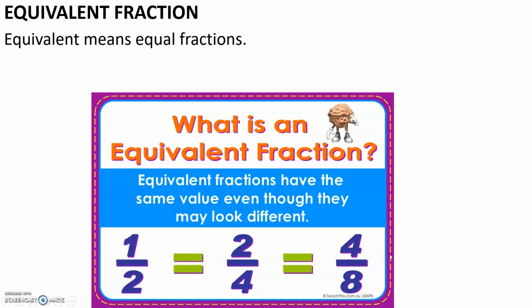Even this 4 upon 8 is also the same. Now this 4 and 8 comes in which table? Yes, this comes in 2 ka table also and this comes in 4 ka table. So we'll divide it by 4. When we divide this fraction by 4, we get the answer as 1 upon 2. So all these three fractions are equivalent.